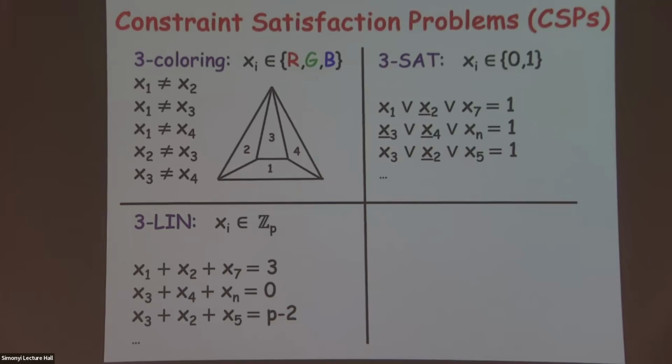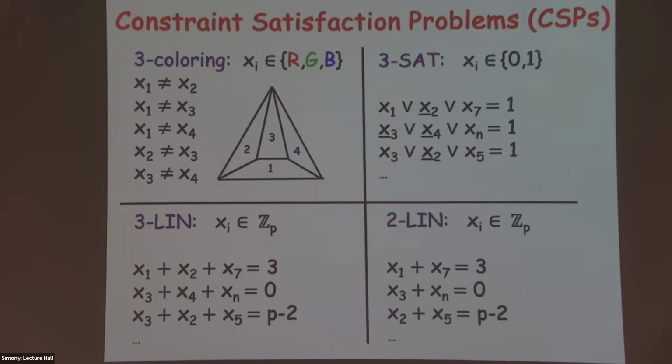Let me focus on linear equations modulo some fixed prime p, say 17. You just get a bunch of equations and you ask, can they be satisfied? Does it have a solution? In this case, I have 3-Lin because I have three variables per equation. You can look at 2-Lin, which will be interesting for a reason, where you have two variables per equation. So all these are computational problems, they are constraint satisfaction problems.